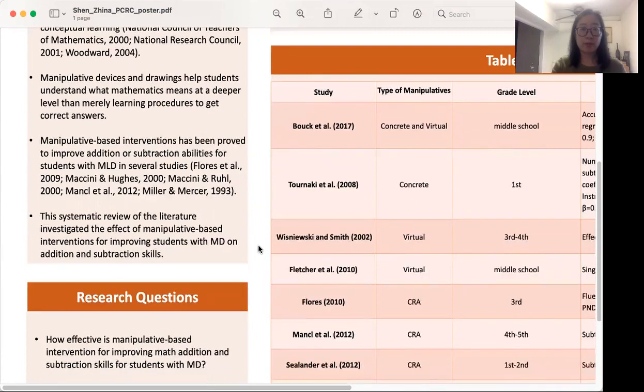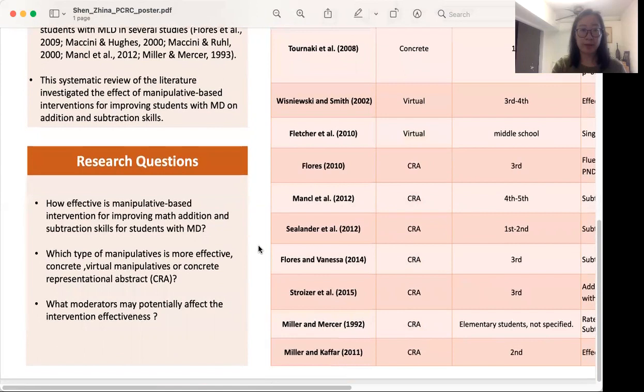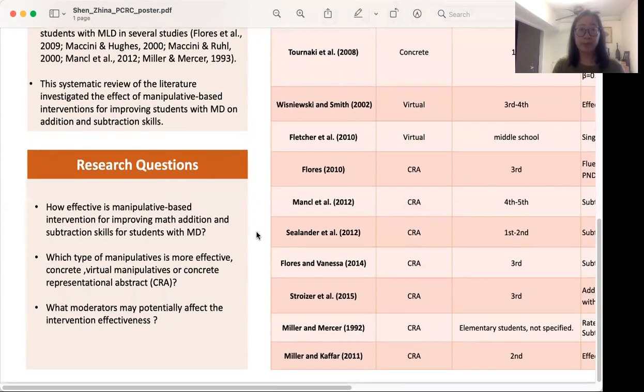I have three research questions here. The first one is, how effective is manipulative-based intervention for improving addition and subtraction for students with mathematical difficulties?